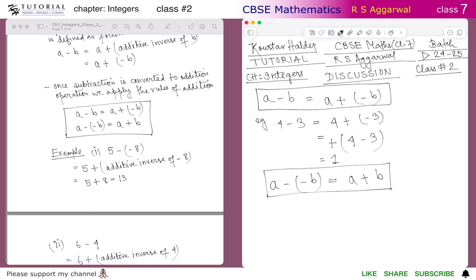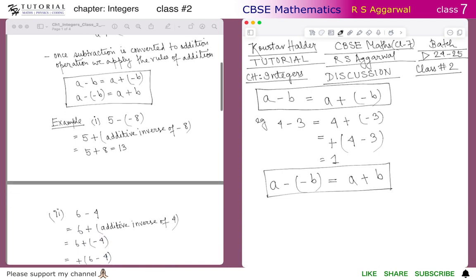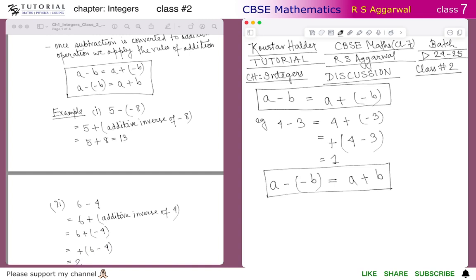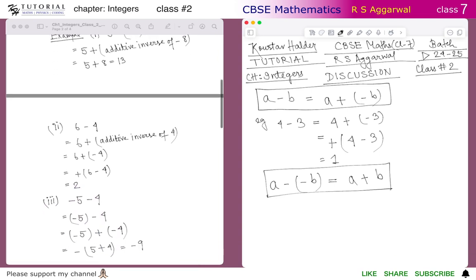Okay, now let's see some examples. On the left hand side in the notes, you see that when we subtract minus 8 from 5, we are adding to 5 the additive inverse of minus 8, which is 8. So we are adding 8 to 5, which is 13. In the second example, we are subtracting 4 from 6.